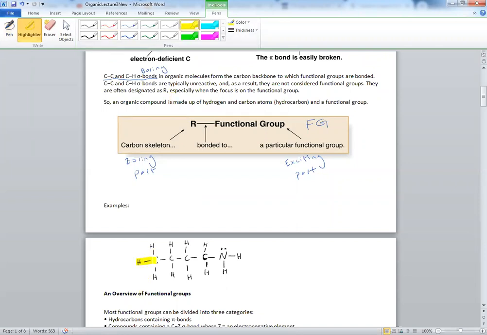Well, it's all of the ones that are highlighted in yellow. Carbon, carbon, carbon, hydrogen bonds. So this is all the carbon skeleton in yellow. And once again, it's unreactive.